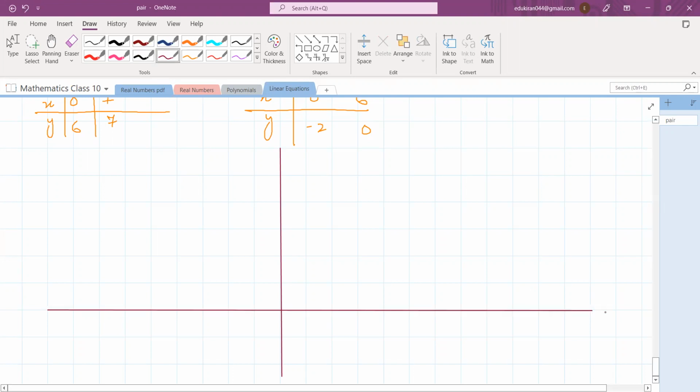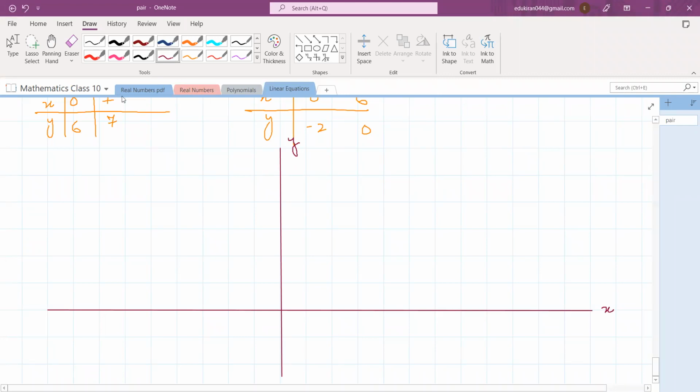We can take the scale as 1 block equal to 1, since 6 up to 7 can easily be plotted. It's not such a big number.